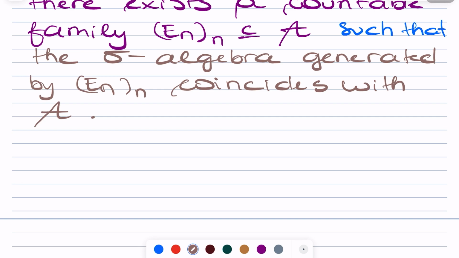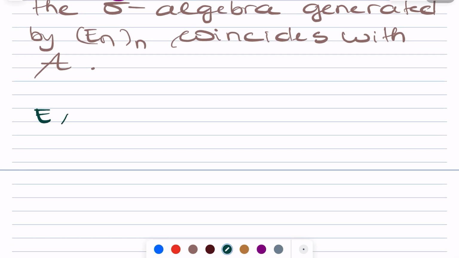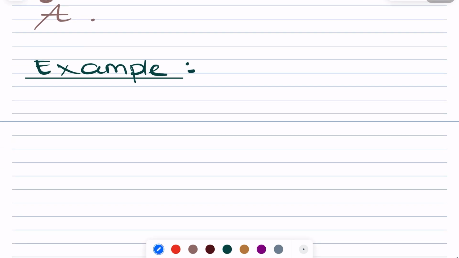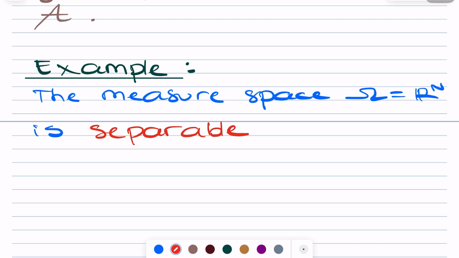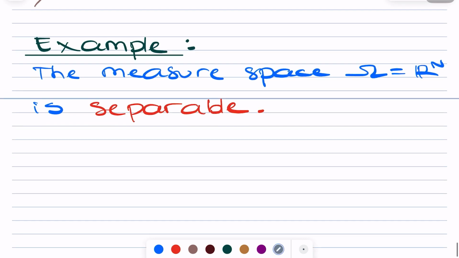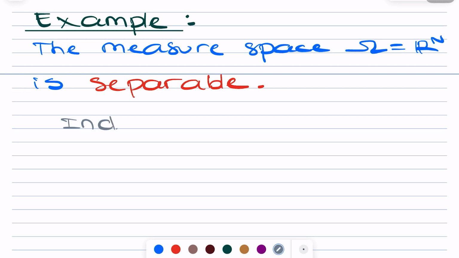Okay, so example. The measure space Omega equals R^n is separable. Indeed, this is the proof.